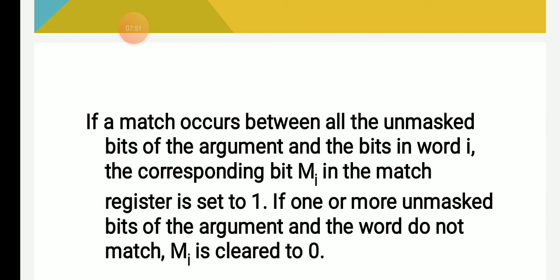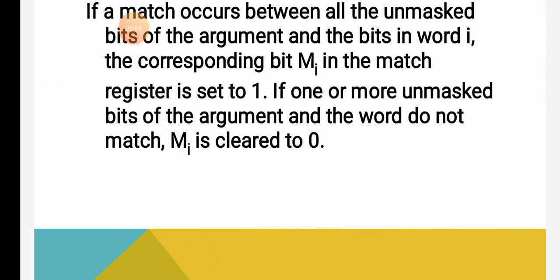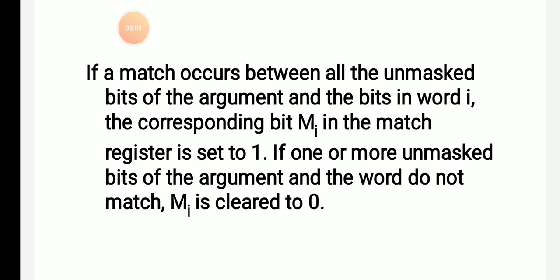If a match occurs between all the unmasked bits of the argument and the bits in word i, the corresponding bit Mi in the match register is set to 1.